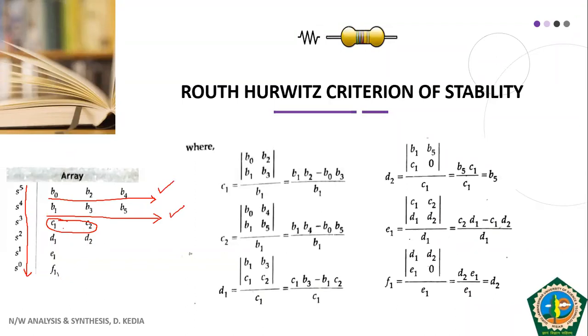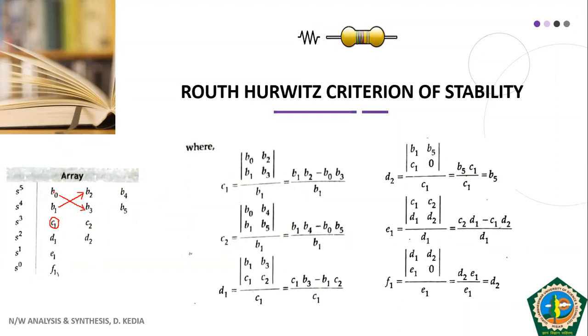And how will we do that? There is a procedure. For calculating C1, you do not look at the right hand side of the slide. First, look at the left hand side, where I'll tell you how you can easily obtain the further coefficients. In order to find C1, we will start from here. We'll multiply B1 with B2, that is B1, B2. Then we will multiply B0 with B3.